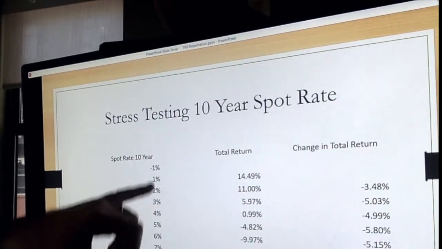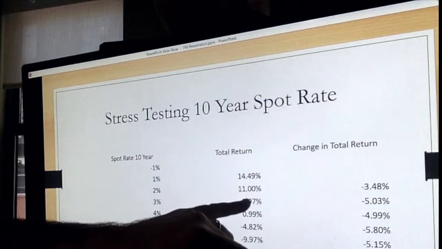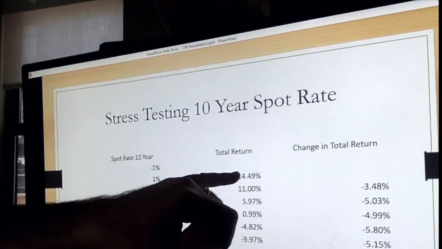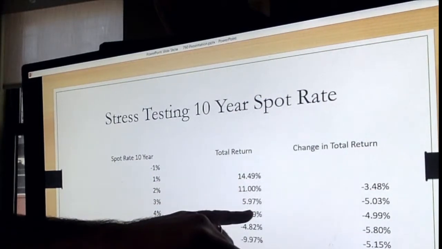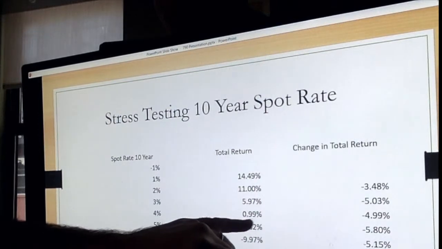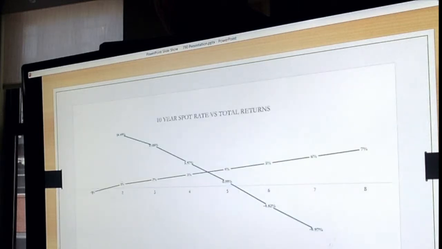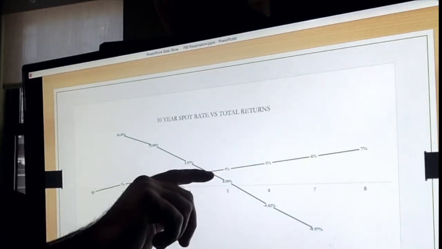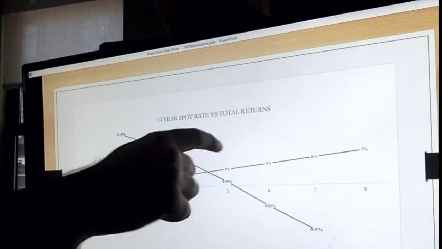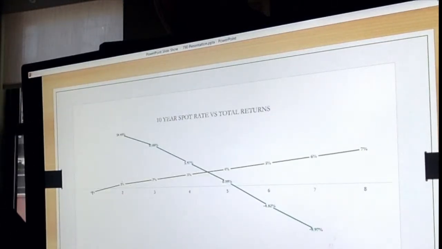When we increase the interest rates by 1%, the total return actually shrinks. It goes from 14% to 11, and then 5, and then almost 0, and then big negative numbers come when we go beyond 5% for the 10-year interest rates. The break-even point is again 4.5%. So beyond 4.5%, the portfolio's returns turn negative.